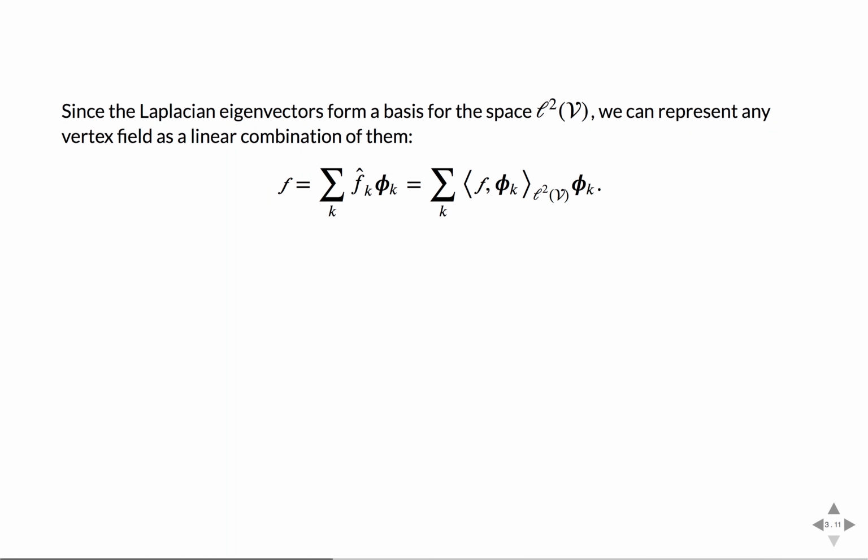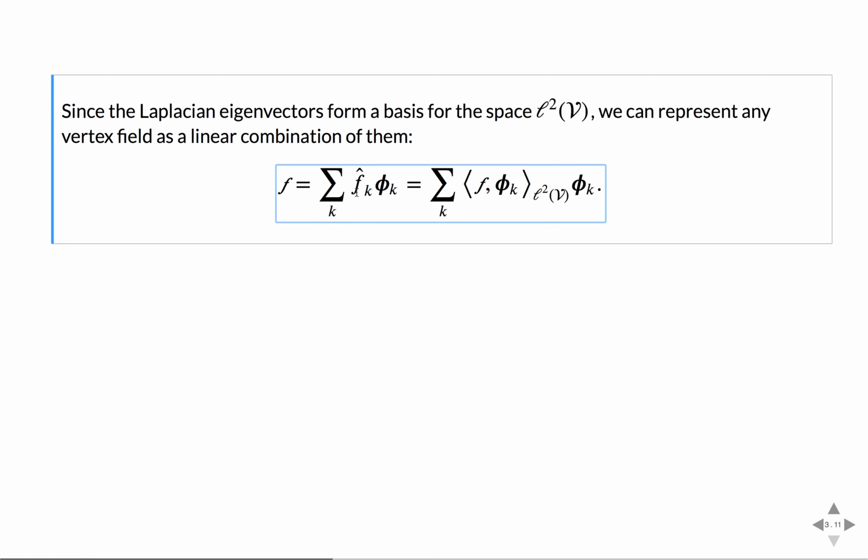Okay. So what we did is we said that these Laplacian eigenvectors are a space of the functions over the graph nodes. So we can represent any function over the graph as a linear combination of these eigenvectors of the Laplacian. So we just need the coordinates.